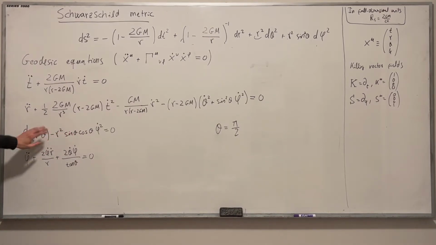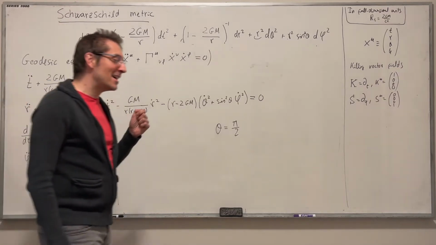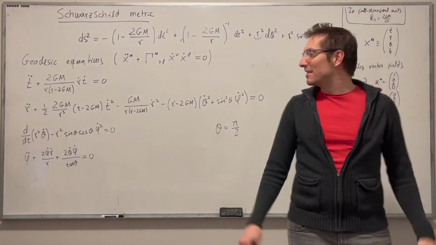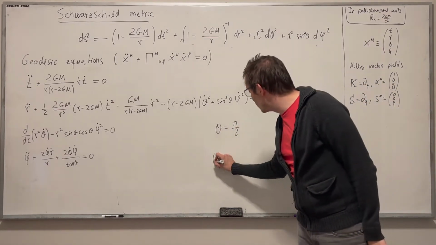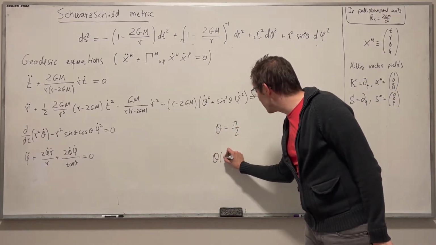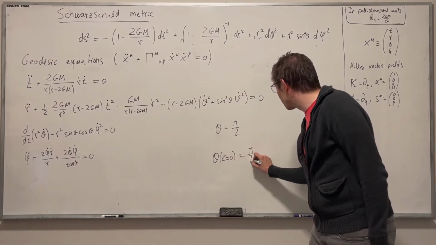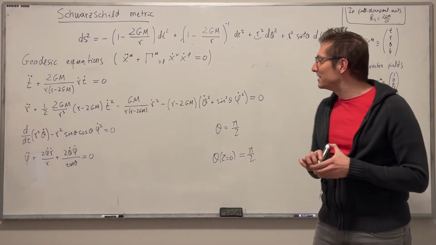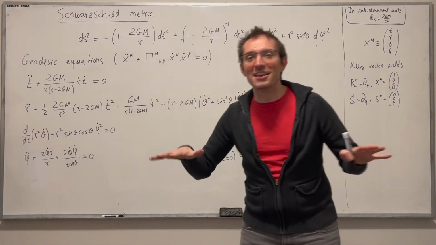You can tell this is 0 equals 0. And in fact, the existence and uniqueness theorem tells me that this is the only solution that exists from the initial condition theta at tau equals 0 equals pi over 2. So this is telling me that if an orbit starts in the equatorial plane, it remains in the equatorial plane.